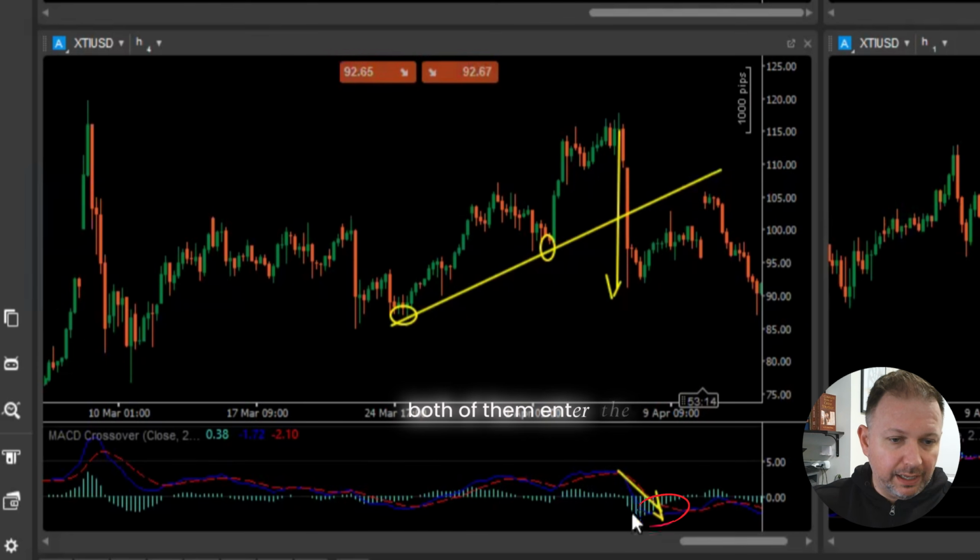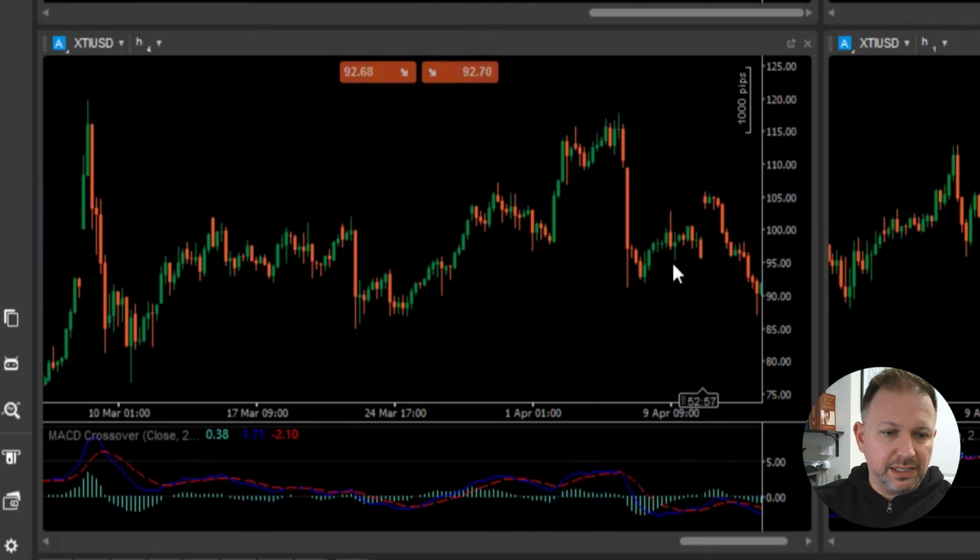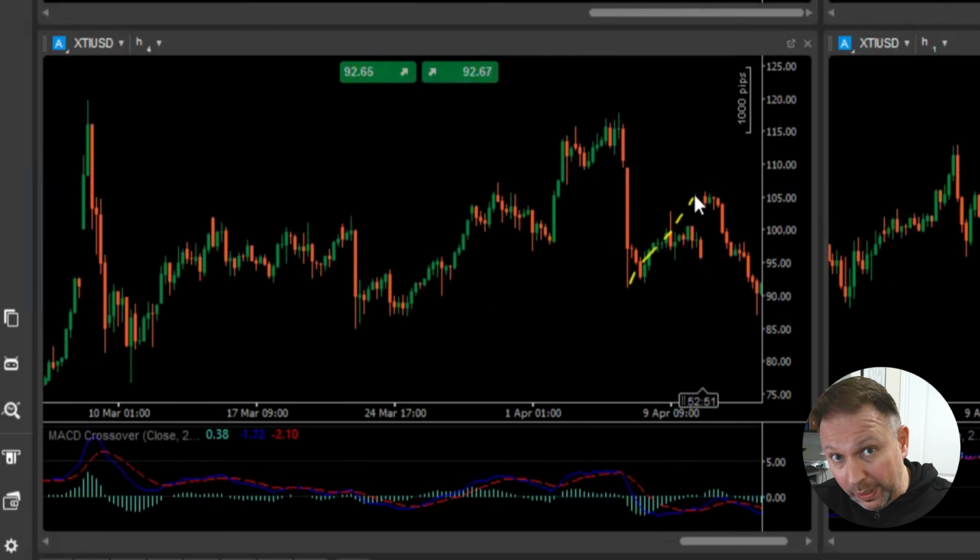Both of them enter the negative zone. Both the MACD moving average below the zero line. The zero line is this horizontal line, and the histogram and moving average are below that, and that happens as the trend line is broken. To me, this is a sign that if a pullback happens, and I don't know to say if a pullback will happen, but I do know to say if it will, I would want to participate there.